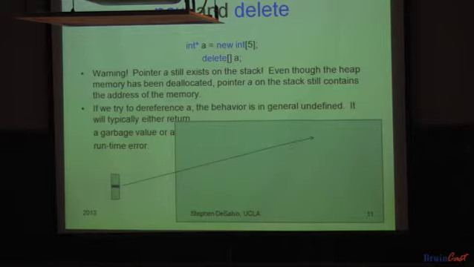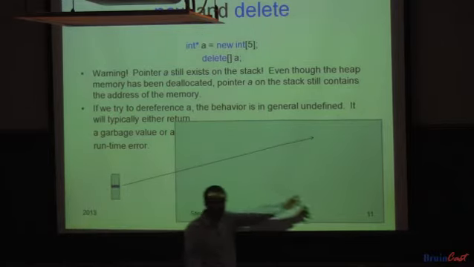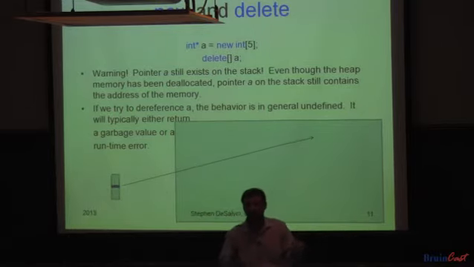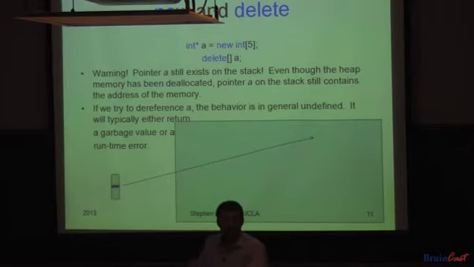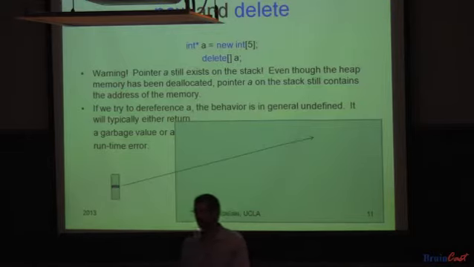Okay. So here's a little warning. If you are going to use new and delete, after you delete memory, the pointer is still active. The pointer still has that address in memory, and it can still try and access the first element. Now, it might be garbage. It might give you an error. Did anyone on a Mac ever try it for your polynomial assignment, get an error that had the word thread in it?